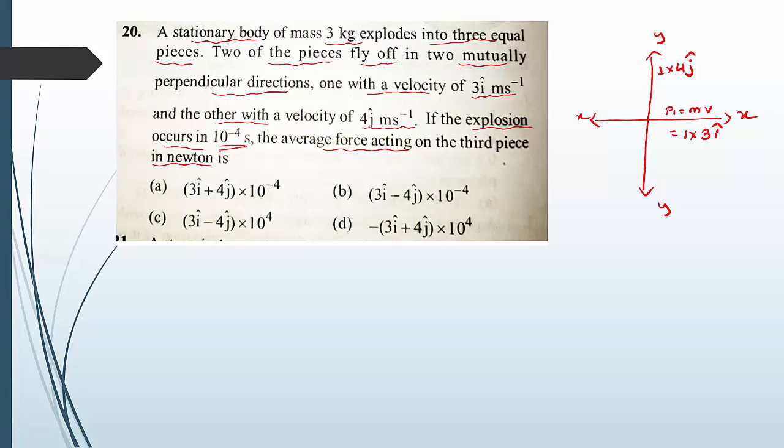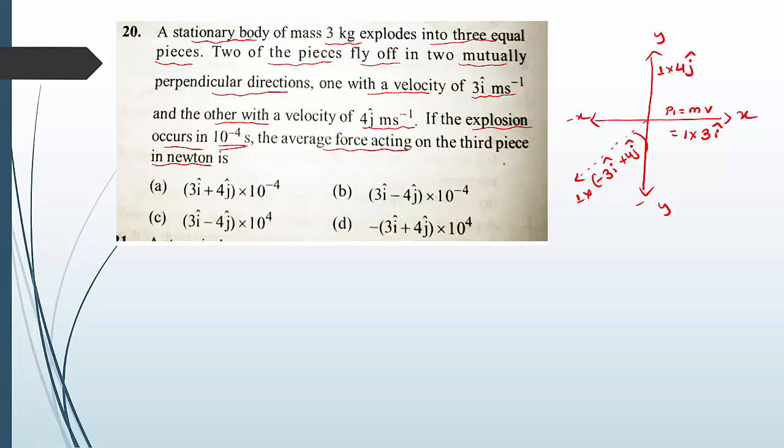Then the third piece will move in this direction, right? So we can consider mass is again 1 into. We have to consider the negative direction here because of negative x-axis, negative y-axis, the resultant we can consider as minus (3 i cap plus 4 j cap).